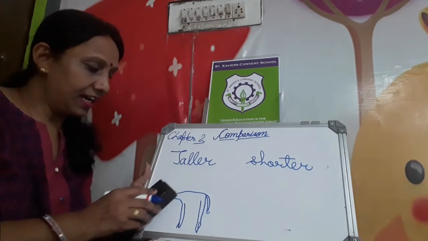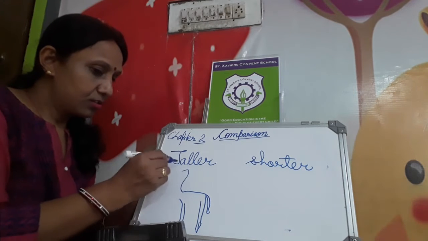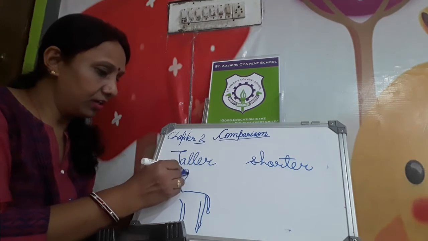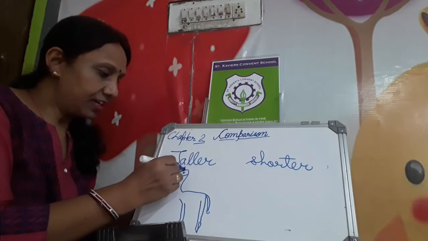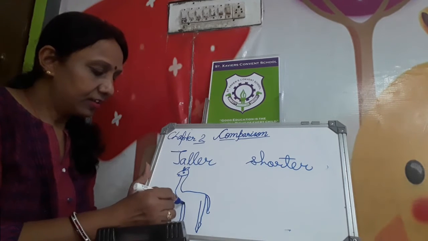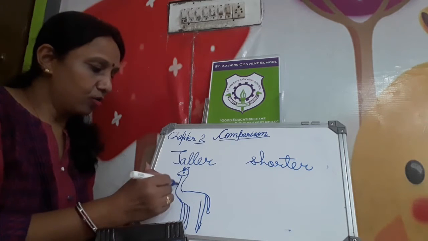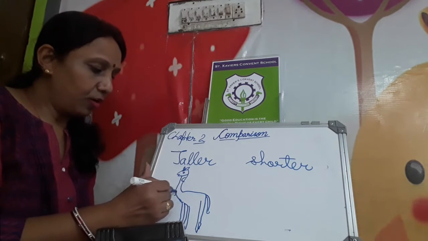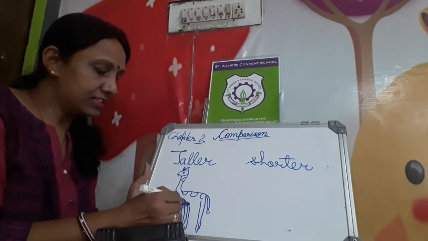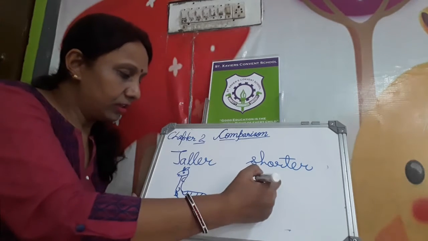So that's why the giraffe is called the tallest. So this one is the taller one, the taller animal. Giraffe is the taller animal, and compared to the goat, the giraffe is the taller one. Also compared to the cow, the monkey, and other animals.